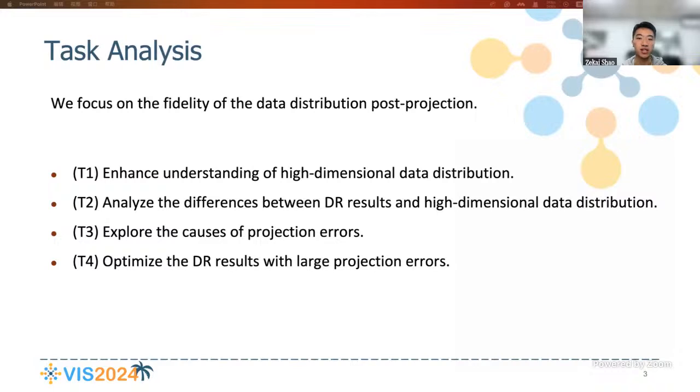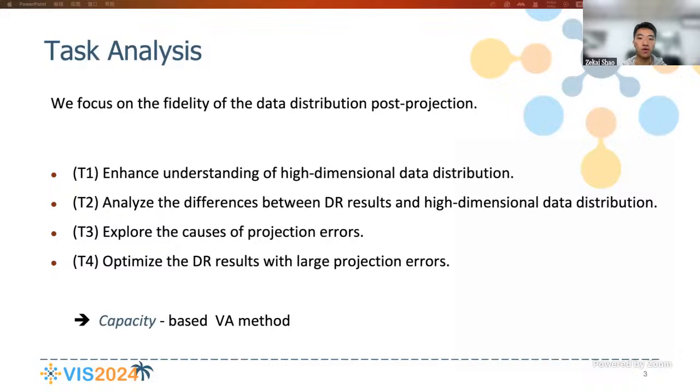Then we need to analyze the differences between the projection results and the high-dimensional data distributions. Thirdly, we need to explore the causes of the projection errors or distortion. And fourth, we need to optimize the projection results with large projection errors.